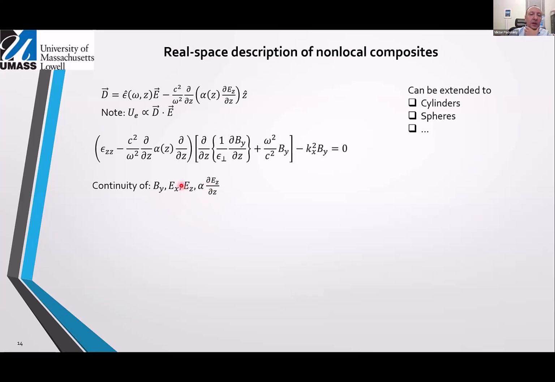So I want to slow down here for a second. The first two conditions are completely consistent with local electromagnetism. These are your primary boundary conditions that we teach to our students in electromagnetism classes. The second two are the additional boundary conditions that we were looking for.